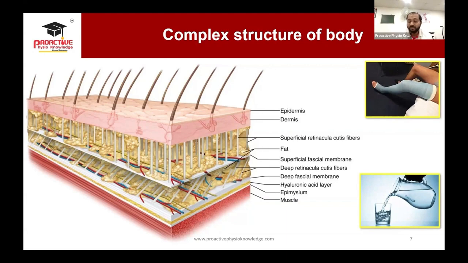That is the reason we need to hydrate first before moving any body. So next time when you are treating an immobilized knee joint or any joint, ask the patient to first hydrate, and then you use your techniques.